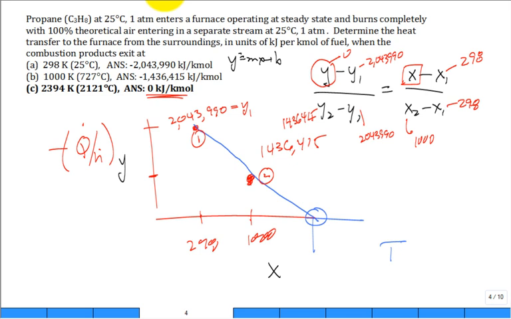So basically, how do I want to write this? It'll be X is equal to 298. All right.